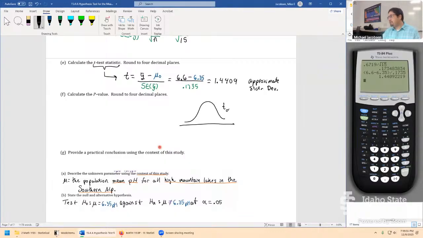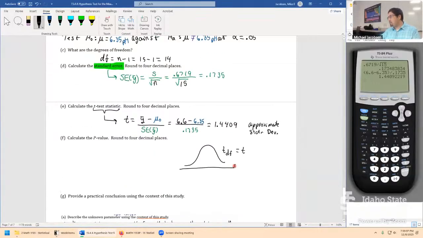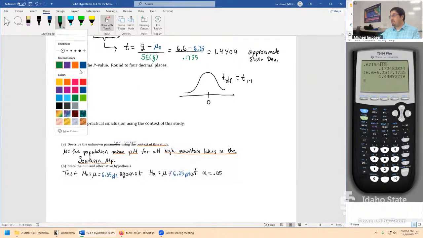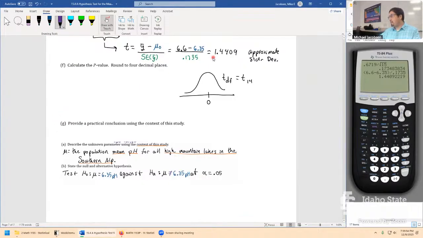This curve is tricky because it depends on the degrees of freedom, but we computed that already. The df that we found was 14. So I wrote a t df generically, but if all you put in is t14, that'd be a great way to specify it. We have a center 0 here. The test statistic came out positive. So here's our positive 1.4409.